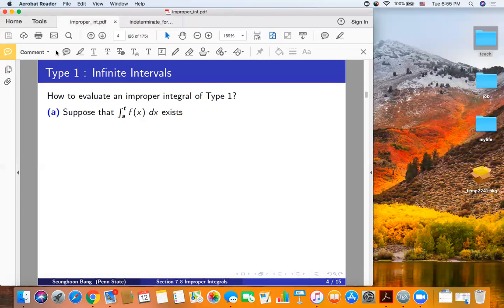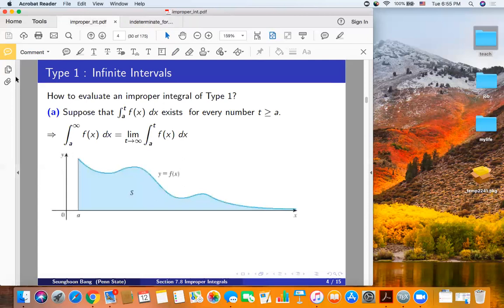Suppose that the integral from a to t of f of x dx exists for every number t greater than or equal to a. How can you calculate? We can use a limit: the limit as t approaches infinity of the integral from a to t of f of x dx. This makes sense.